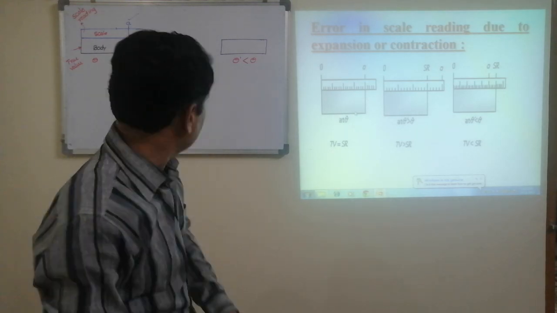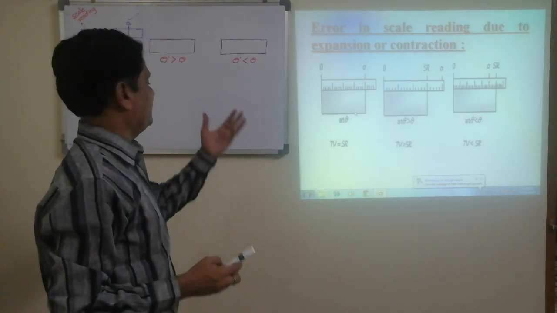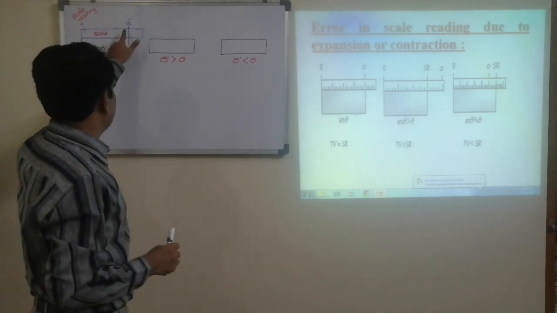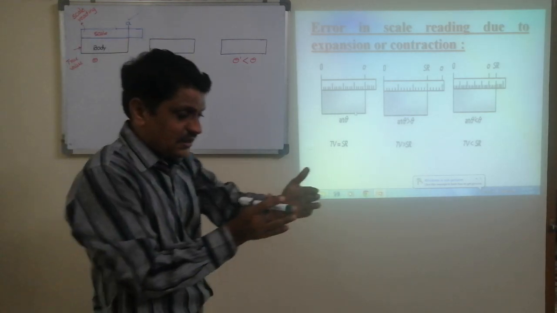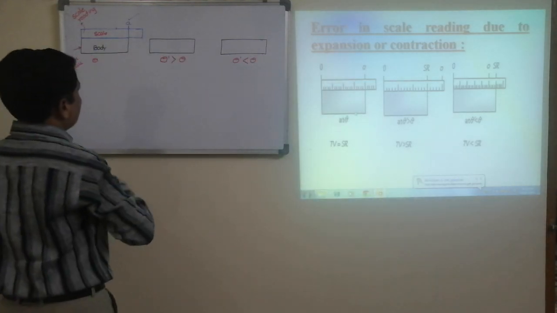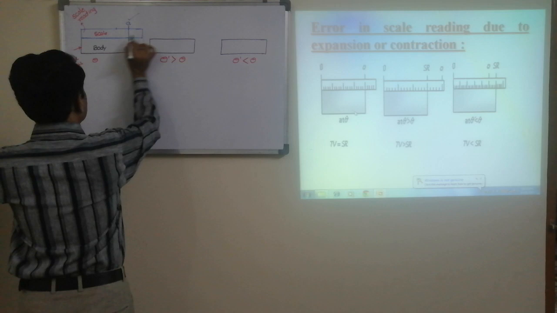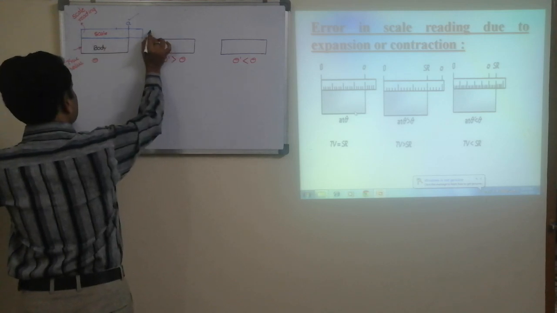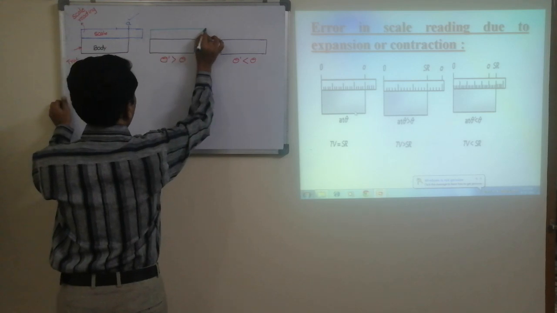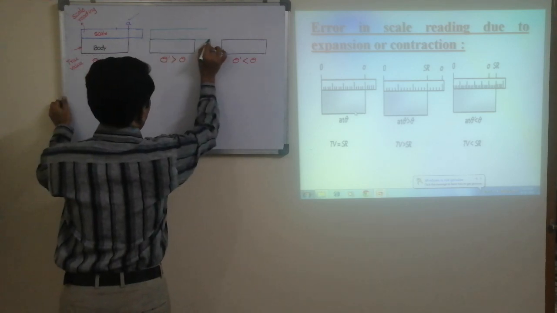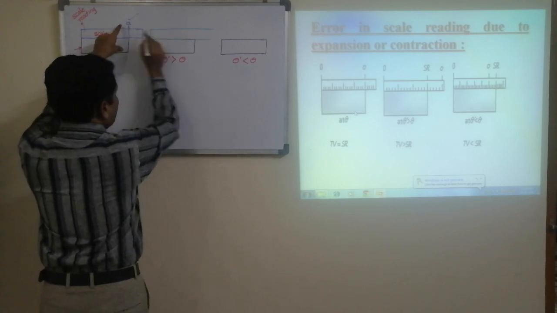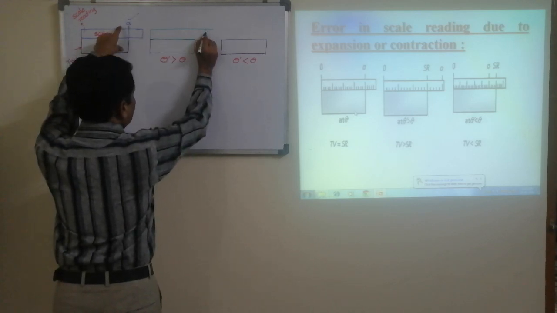But what happens whenever I heat the scale, which is made up of metal? The length of the scale increases. As the length of the scale increases, here first will be as it is. Actually, because of the increase in the length, the position of A also goes here.